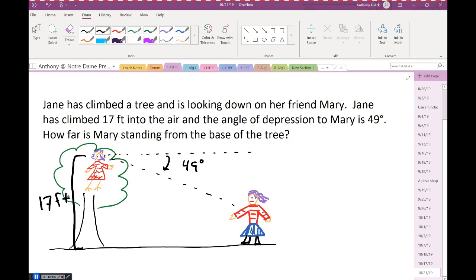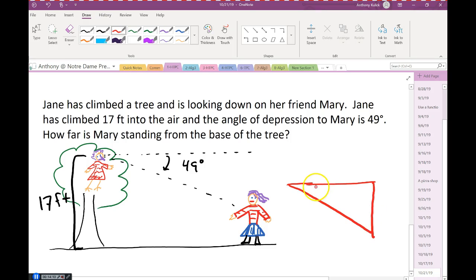Is her head on the ground or not? Again, because Mary's not the one doing the looking, it doesn't matter if Mary's standing or not.